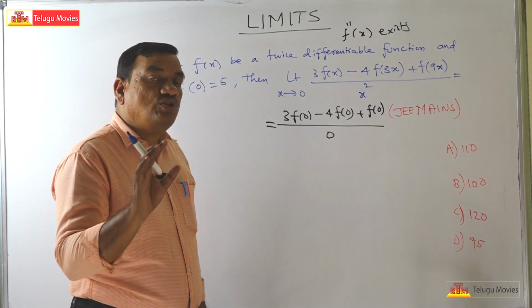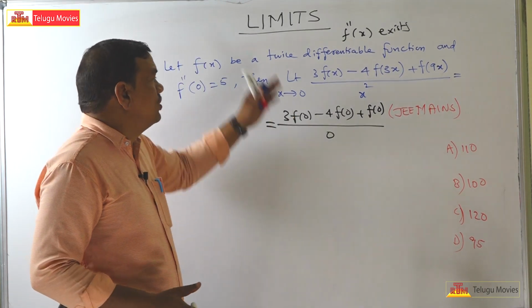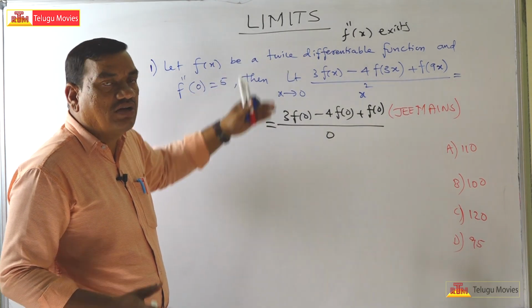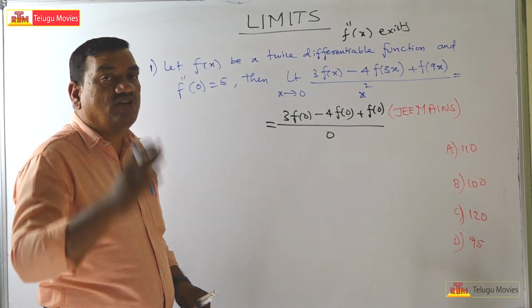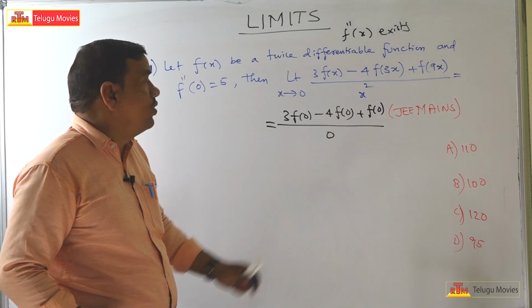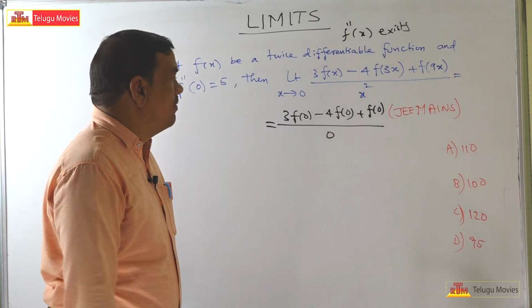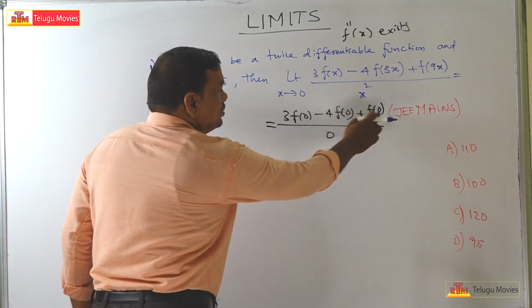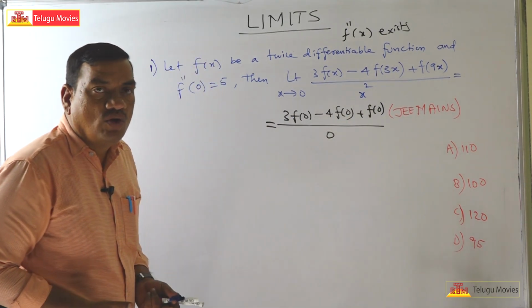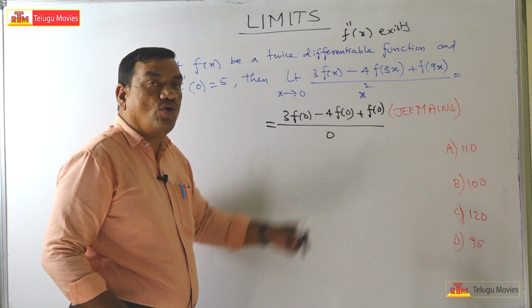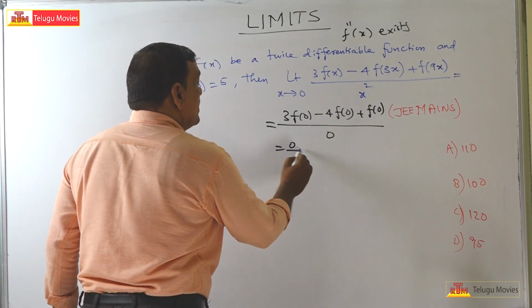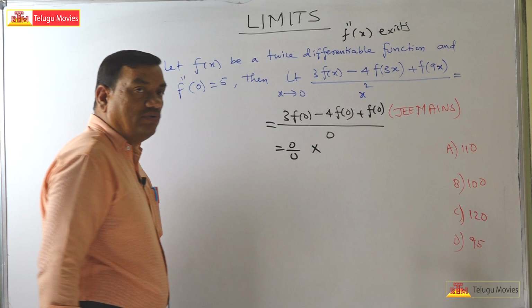Don't think that the value of f of 0 is 0. The actual original function is not given, so unless otherwise stated we should not declare that f of 0 is 0. Even then, 3 times f of 0 plus f of 0 is 4 times f of 0, minus 4 times f of 0, which is 0 by 0. So this is not your answer.